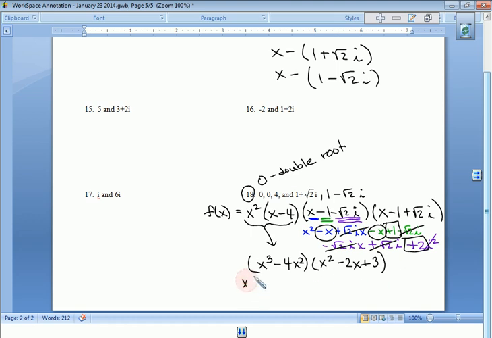Should it be 4x squared? Thank you. So I'm going to get x to the 5th minus 2x to the 4th plus 3x cubed minus 4x to the 4th plus 8x cubed minus 12x squared, which simplifies to this function.